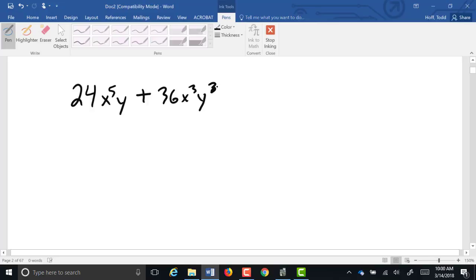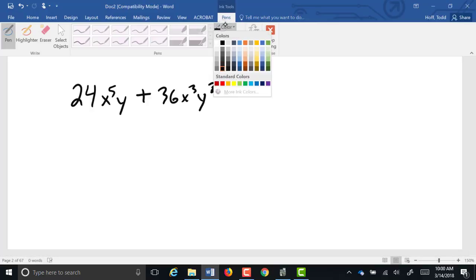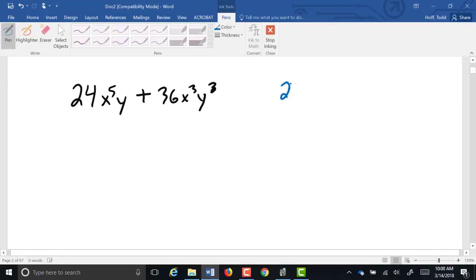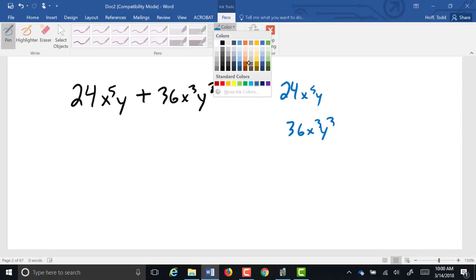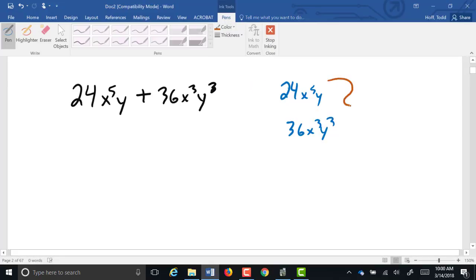So we have 24x to the fifth y plus 36x to the third y to the third. So we're going to look at that 24x to the fifth y, 36x to the third y to the third. What is the greatest common factor of those two? 6 will go into both of them. There's a bigger one.